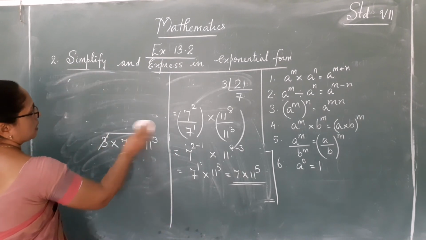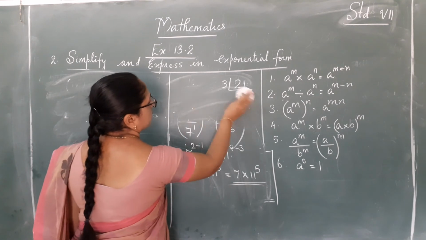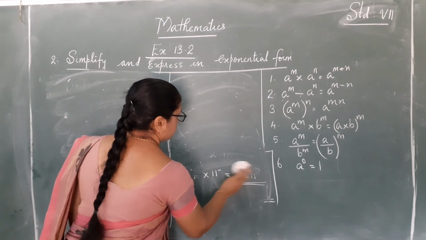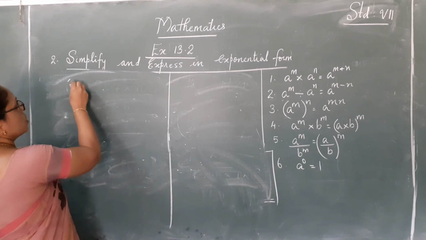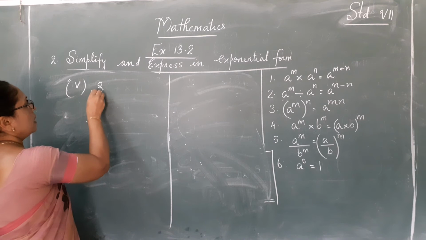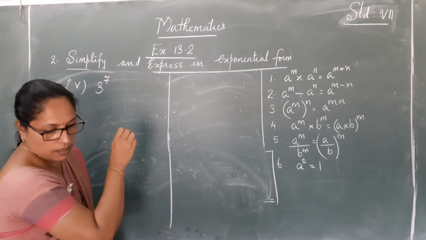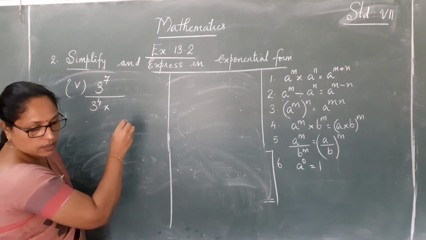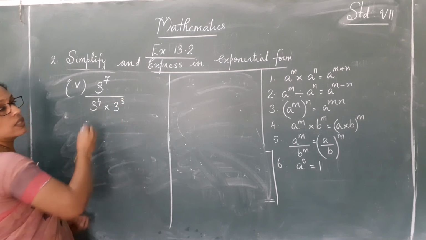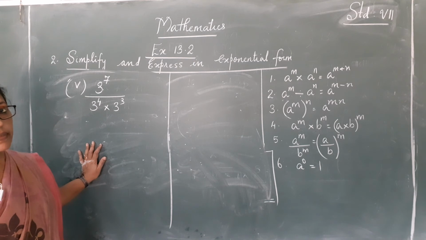Okay. Now, this is fourth one. Now, fifth question. Fifth question. 3 raised to 7 by 3 raised to 4 into 3 raised to 3. Children, here look carefully.